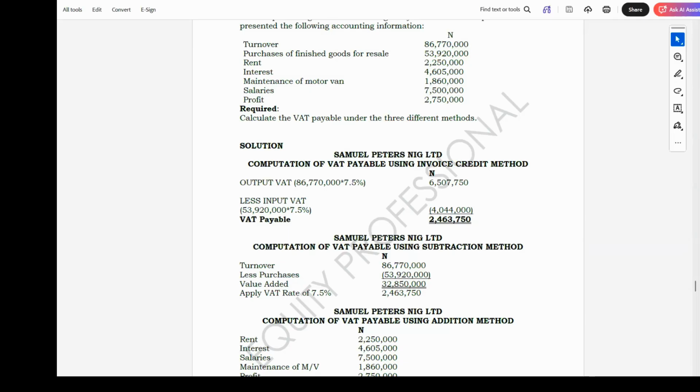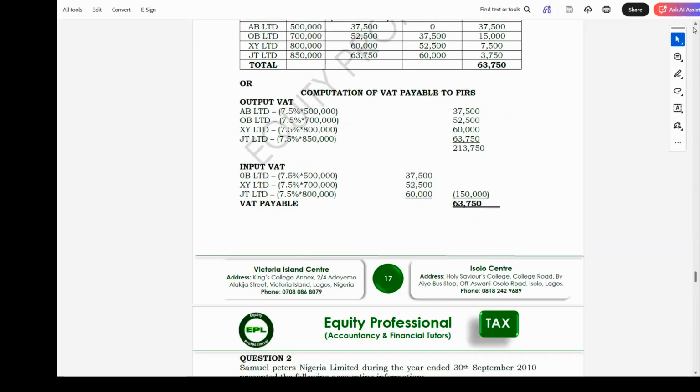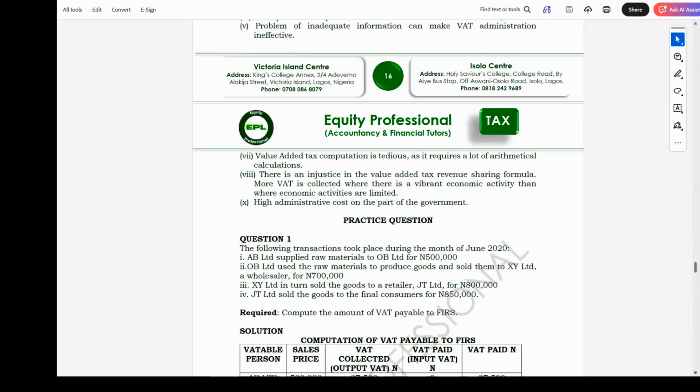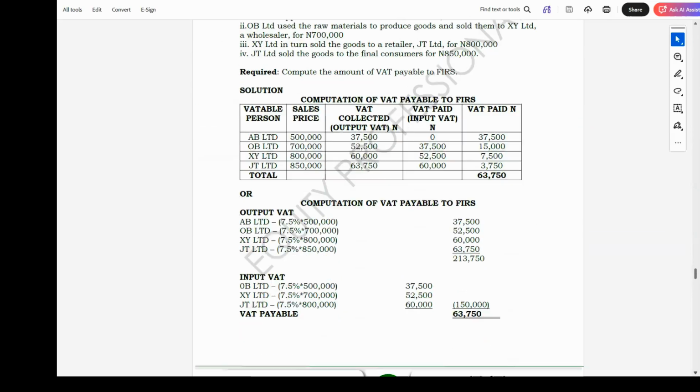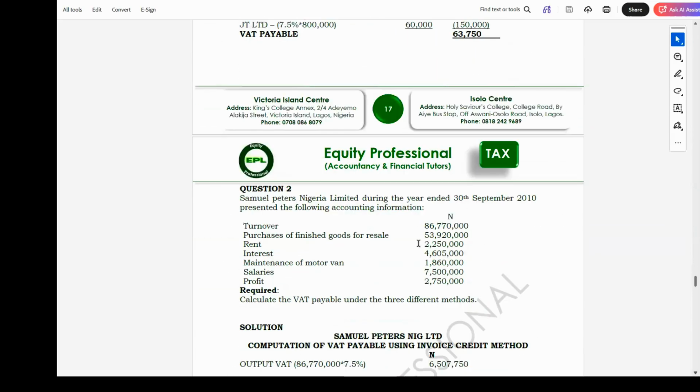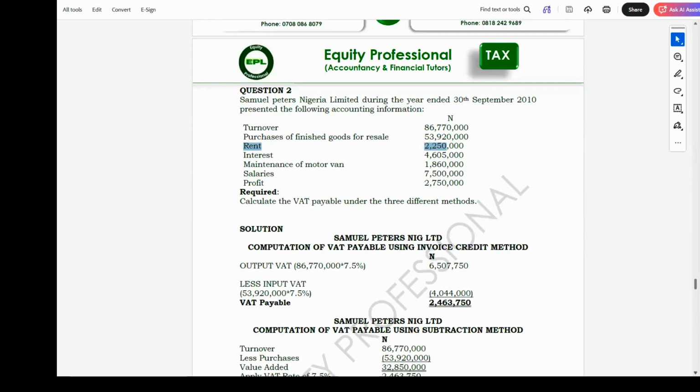So if we go back to the question, what are the rewards for all the factors? The information given to us are turnover, that is the sales, and purchases of finished goods, that is their direct purchase. Rent is the reward for which factor of production? Who can tell us?